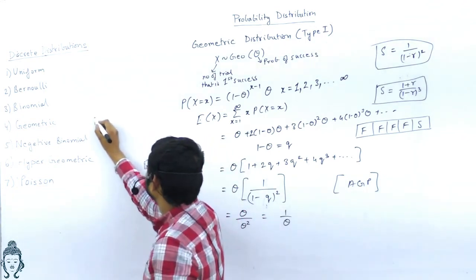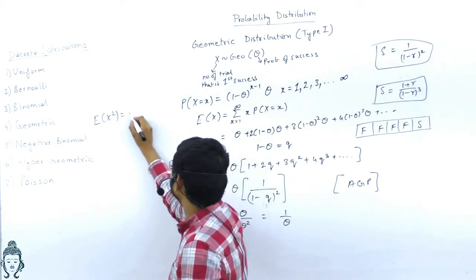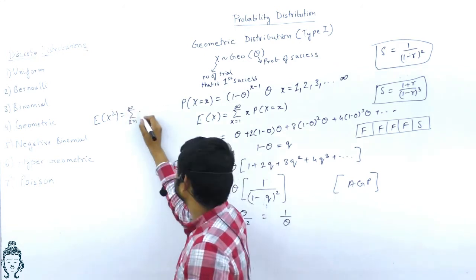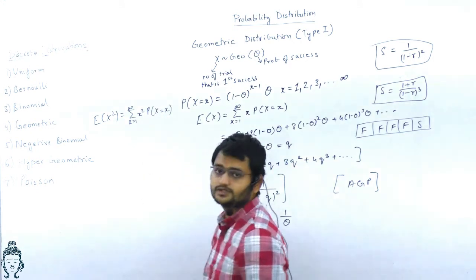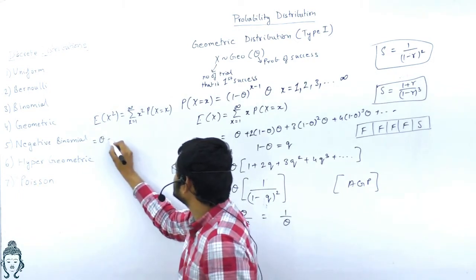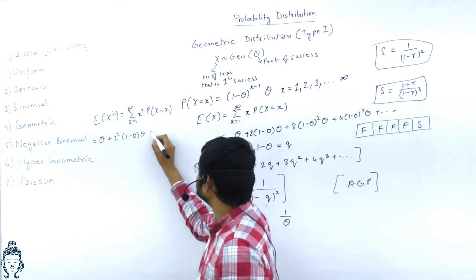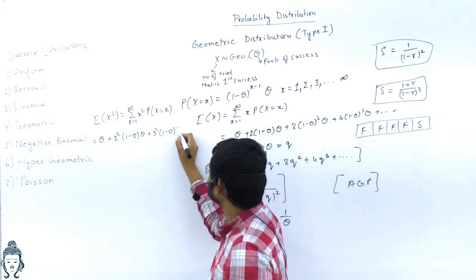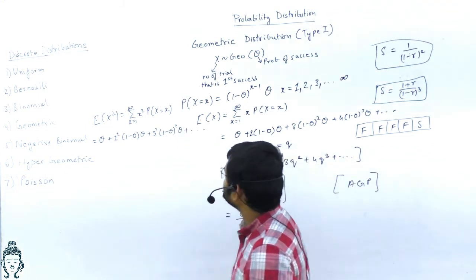Now let's find the expected value of x square. For the expected value of x square, we'll have summation x equals 1 to infinity of x square into probability x is equal to x. Now this is nothing but theta plus 2 square into 1 minus theta into theta, plus 3 square into 1 minus theta square into theta, and so on forever.